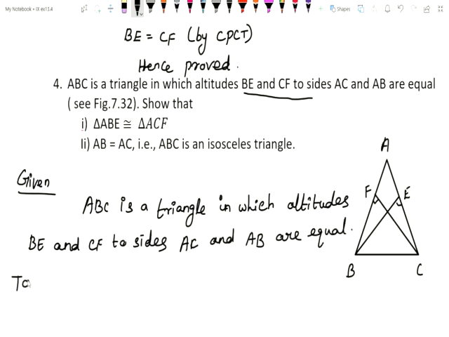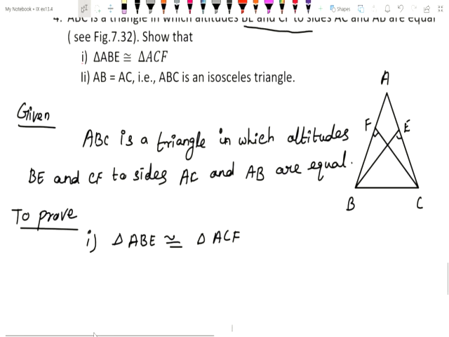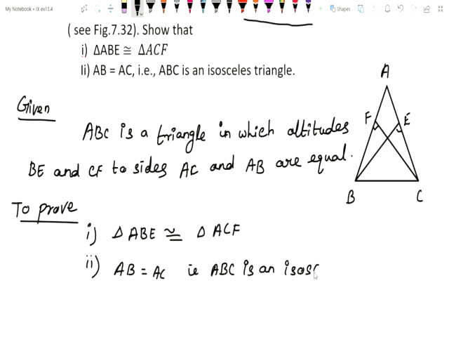So to prove, first one, triangle ABE congruent to triangle ACF. Second one, AB equal to AC, that is ABC is an isosceles triangle.